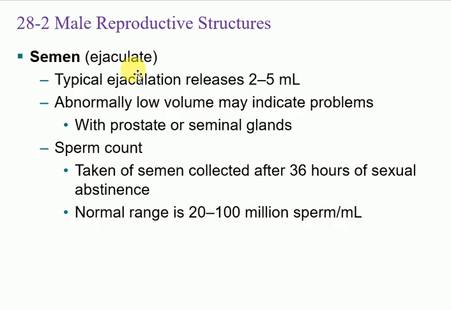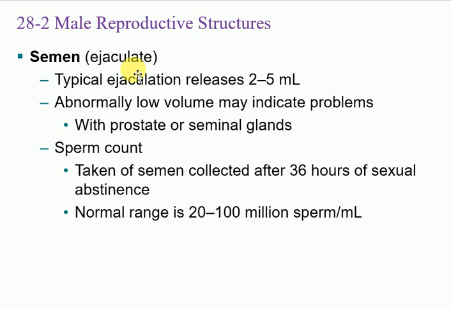So here is the semen. The semen is about 2 to 5 milliliters. This is a normal ejaculate, and you should remember these numbers: 2 to 5 milliliters. And the sperm count that you need to remember is from 20 to 100 million.